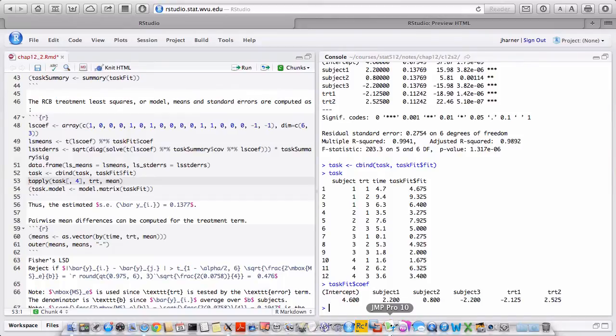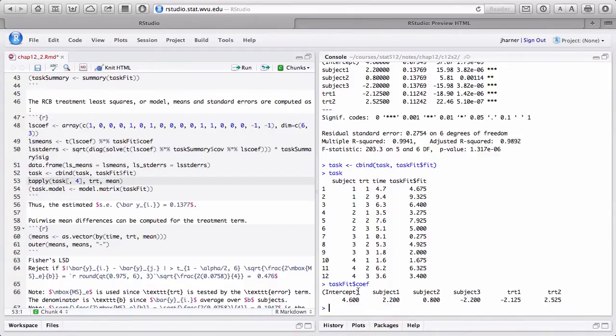So the point I'm making is if you add 4.6 to 2.2, that's 6.8, right? And then you subtract 2.125, then you get the 4.675. Do you see that? You understand what I'm saying? If you take this and add it to this and subtract this, you get this 4.675.